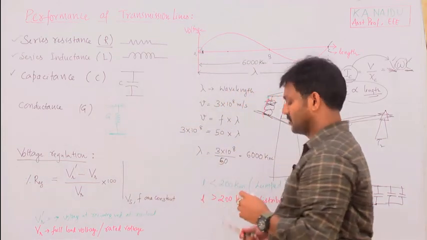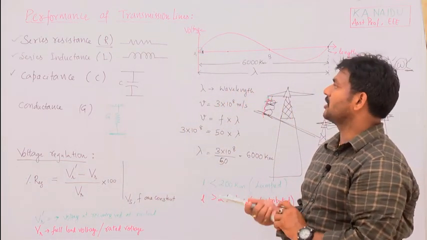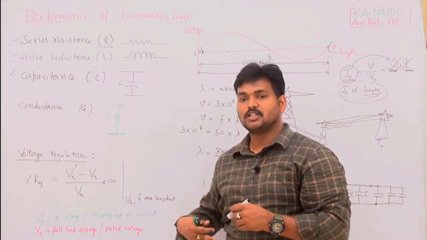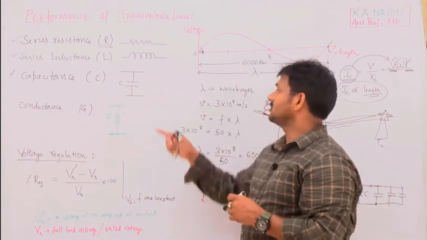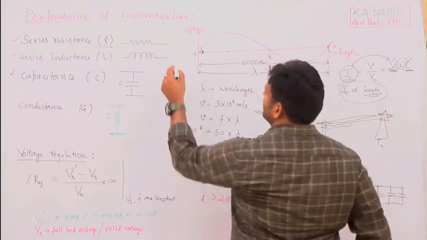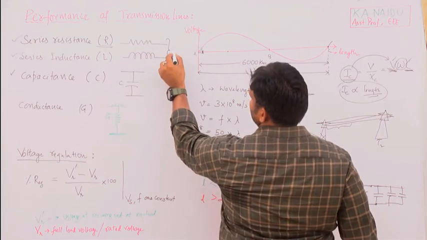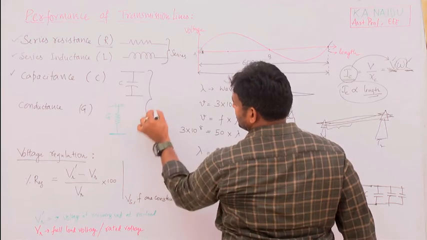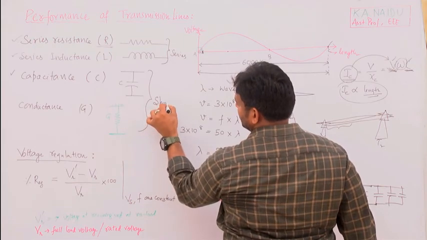So there are four parameters in the transmission line. One is the series parameters, the other is the shunt parameters. In series parameters, you can take the resistance and inductance, and capacitance and conductance as shunt parameters.